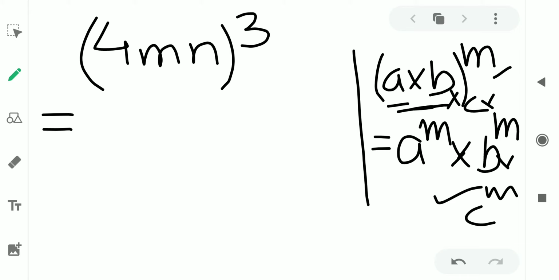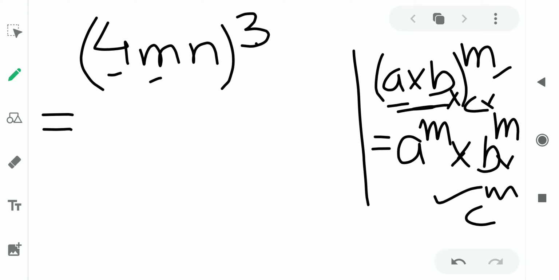Now just compare these things. It doesn't matter whether we have numbers and variables. See, whatever we have inside the bracket, if we have the whole to the power 2, 3, 4, whatever, that means this power will go with each of the numbers or terms inside the bracket.